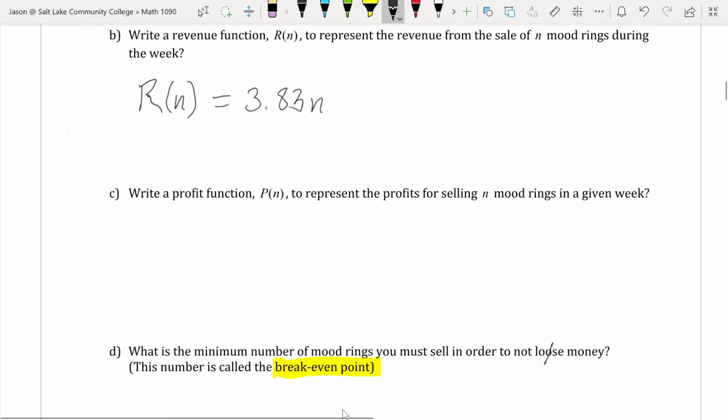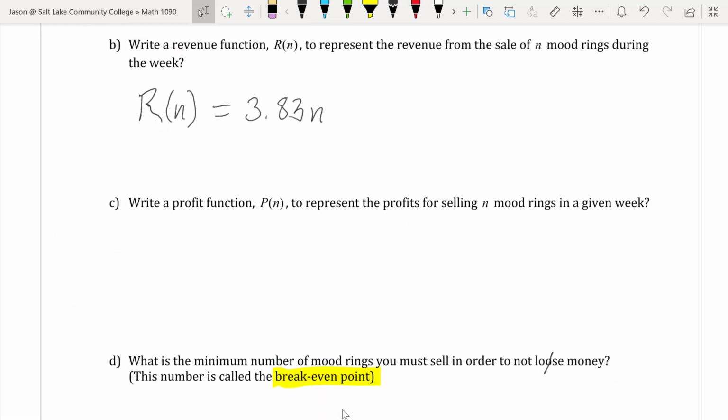Part C, write a profit function, P of n, to represent the profits for selling n mood rings in a given week. Now remember that profit is revenue, money coming in, minus costs. That's money going out.